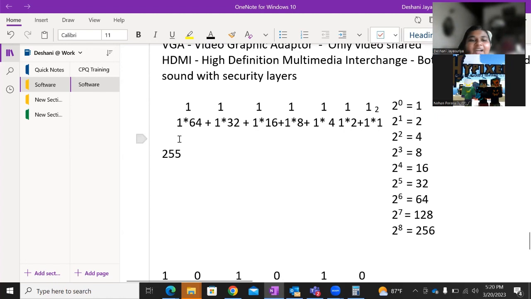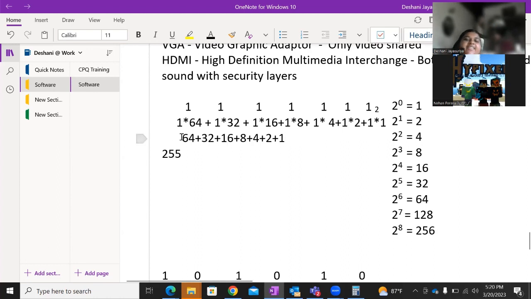So here, how did we get this 255? We are just adding these values, which are getting 64 plus 32 from here. From here is 16, 8, 4, 2 here we're taking, okay, and 1 from 1 into 1.